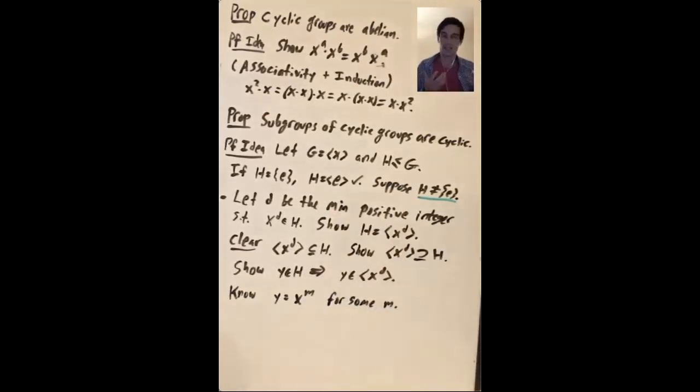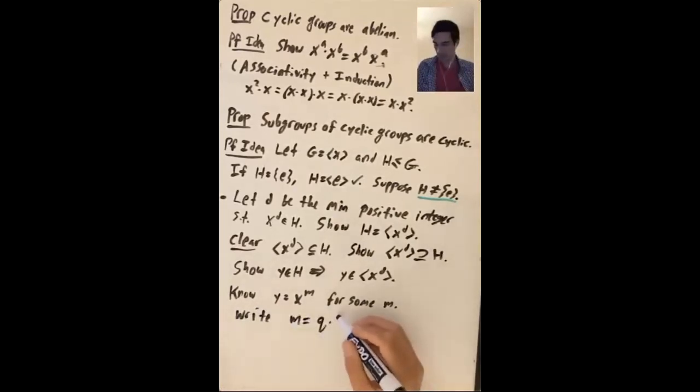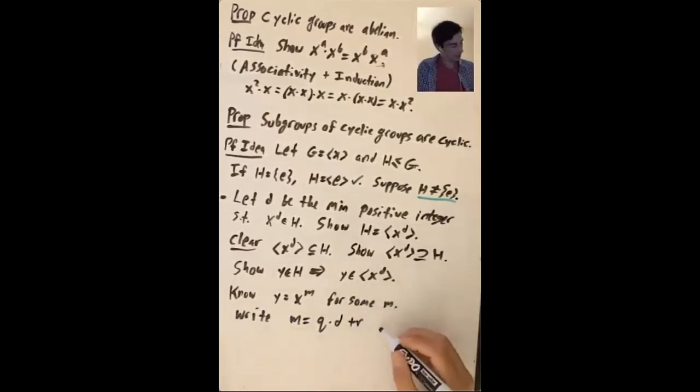So we're going to use the same division algorithm that we just used before. That means that we can write m is equal to q times d plus r, where r is between 0 and d minus 1.